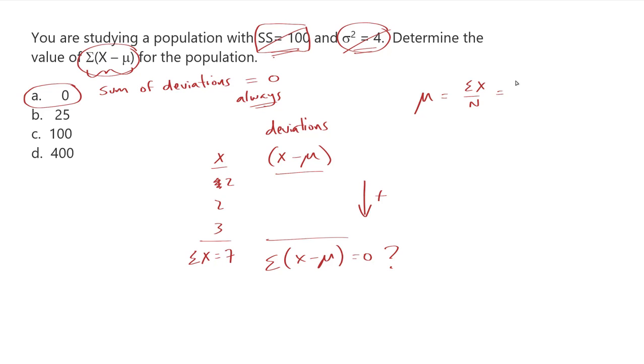So it's going to be 7 over 3. All right, so now 7 over 3, that is 2.333, and so on. This carries on.